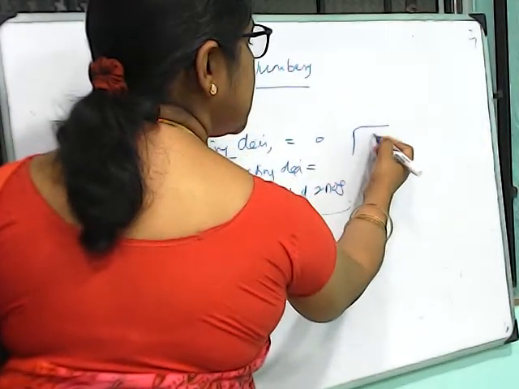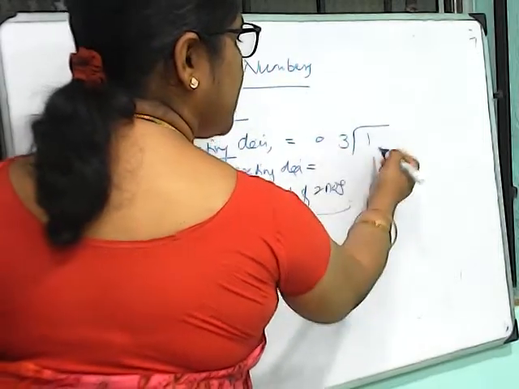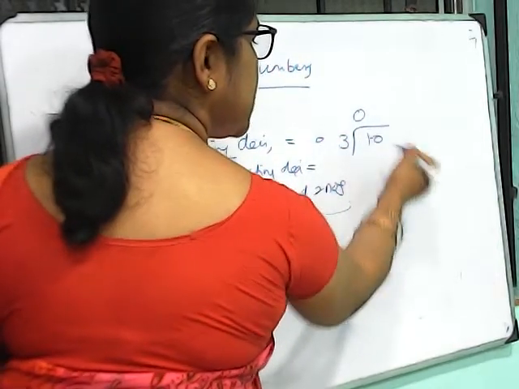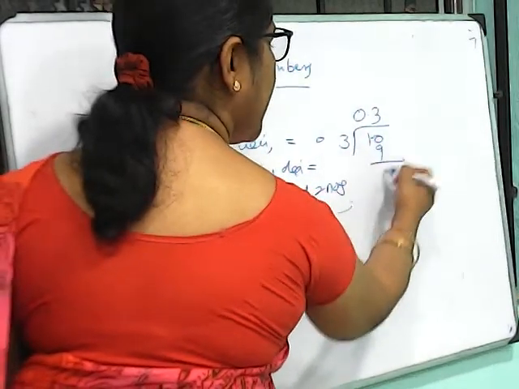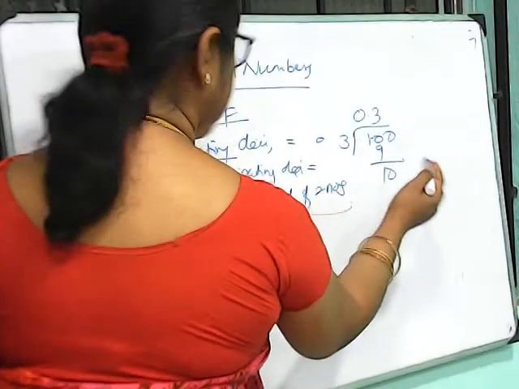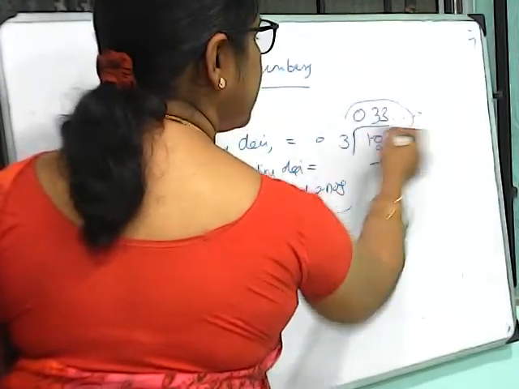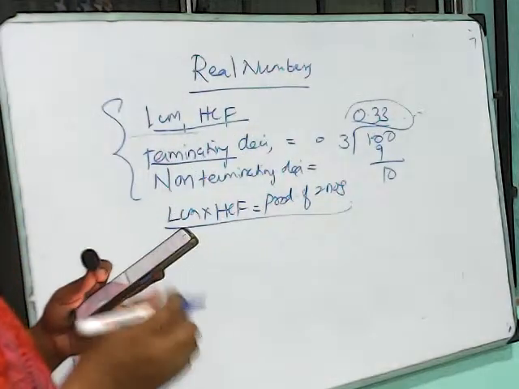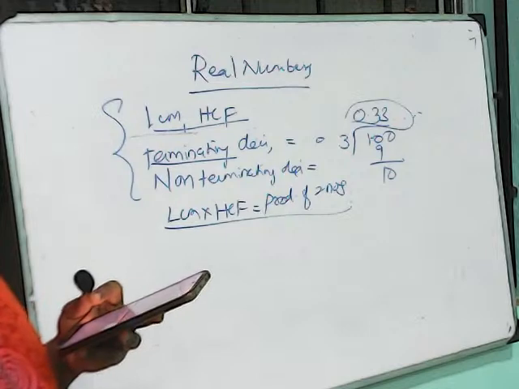For example, when you consider 1 divided by 3, you will have 0.3, 3, and again 3, so it keeps going on. So this is a non-terminating decimal where you will not have a finite quotient. The quotient will be infinite in this case.